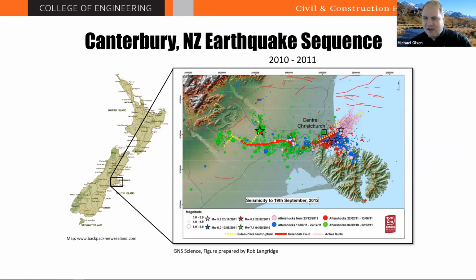We could talk the whole time about the Canterbury earthquake sequence, so much happened there, but there is basically a short story. There were a lot of earthquakes that happened in a very short period of time from one another, in the sequence between 2010, 2011, although there were some other major earthquakes that happened in 2014 and so on. If you followed the earthquake, there was a lot of discussion on liquefaction.